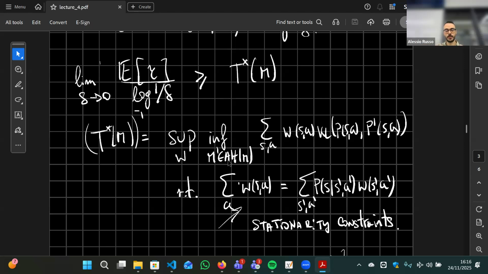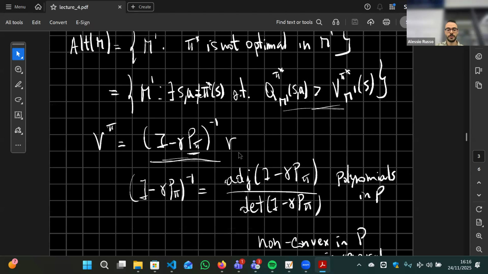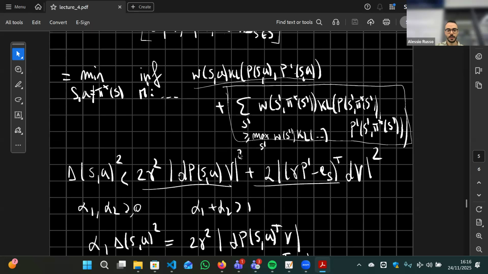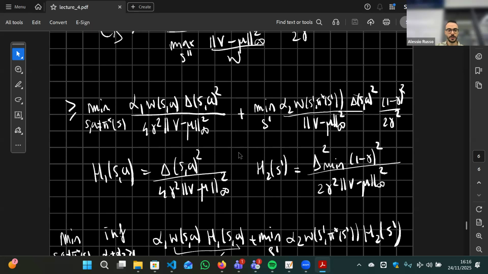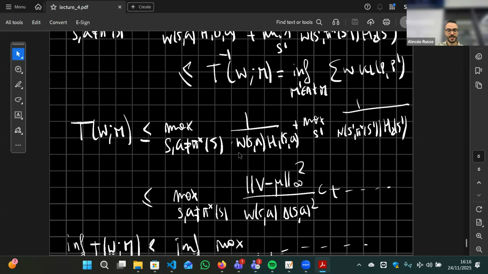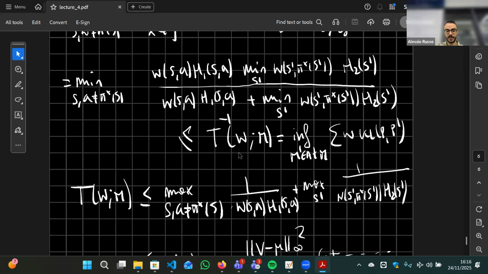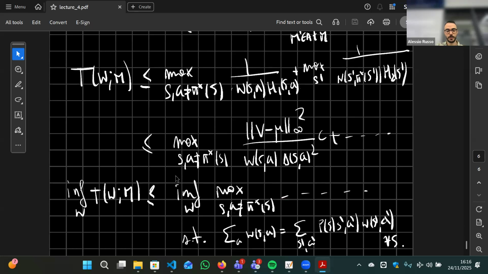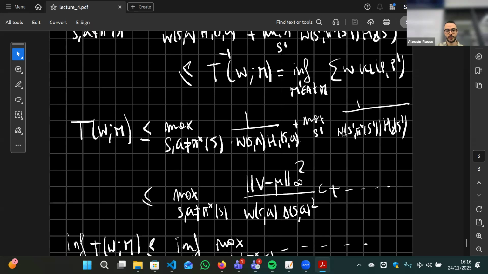You don't want to do it in a very trivial way. So what we found in the end, after a lot of computations, is that the characteristic time in any distribution W is always upper bounded by the sum of two terms.